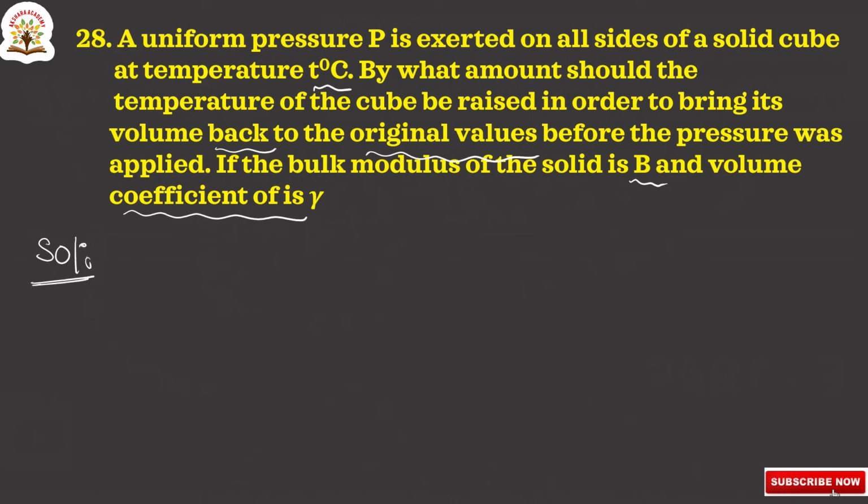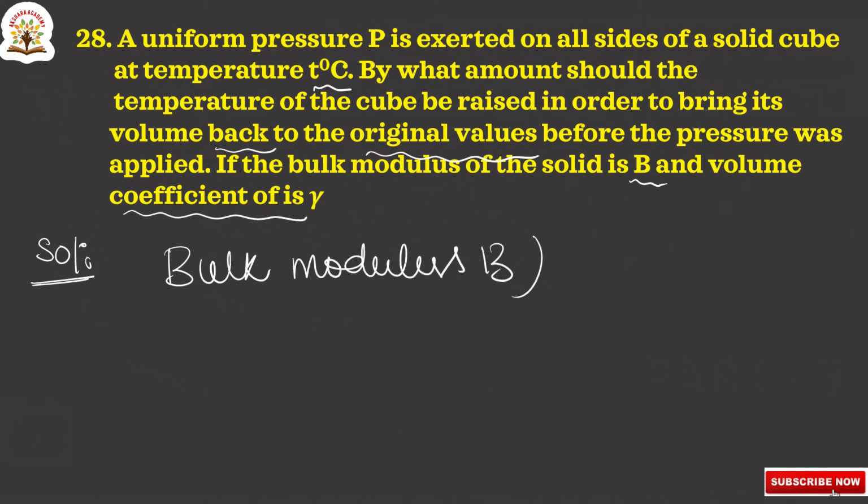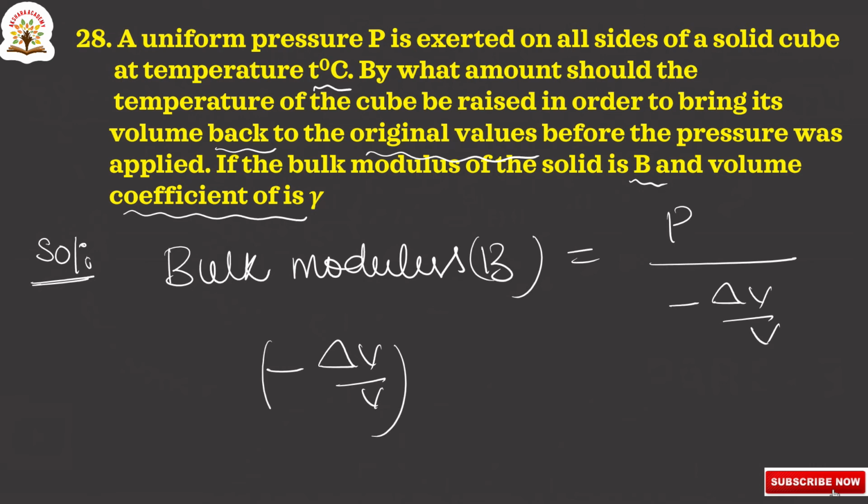Bulk modulus B is equal to P by minus delta V by V. So minus delta V by V is equal to P by B. Consider this as equation 1.